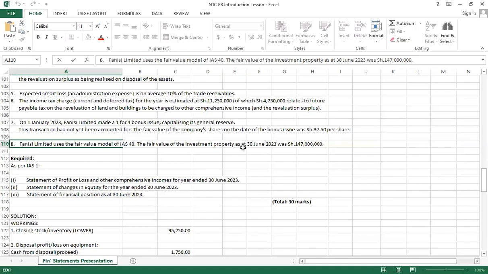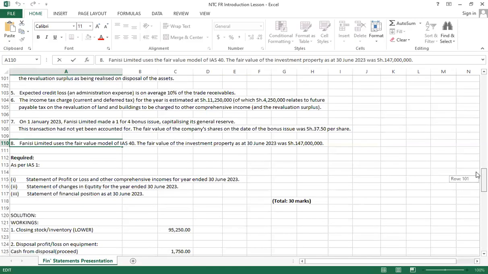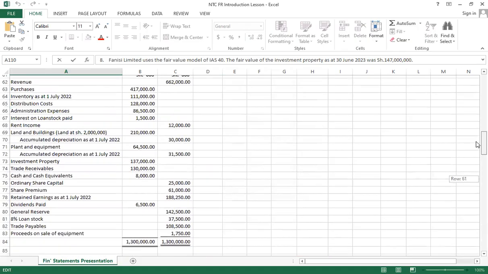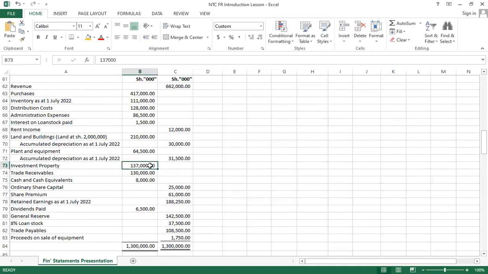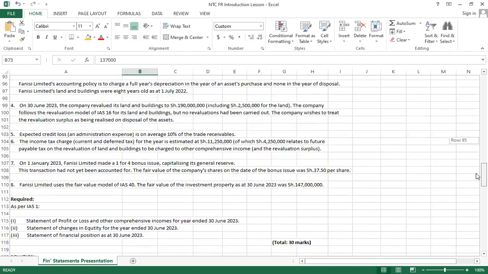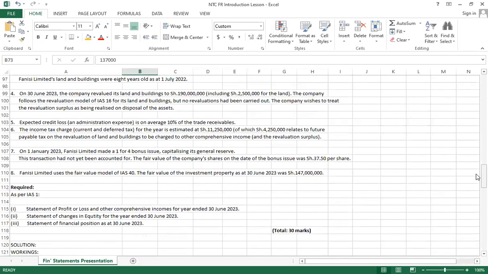Now, the investment property, that's what they are called. When you go back to the trial balance, somewhere you have the investment property, and it was 137. So their book value before year end, we have 137. As we are then told in note number 8, the investment property is accounted for by International Accounting Standard number 40.